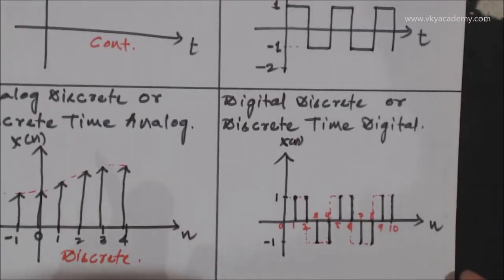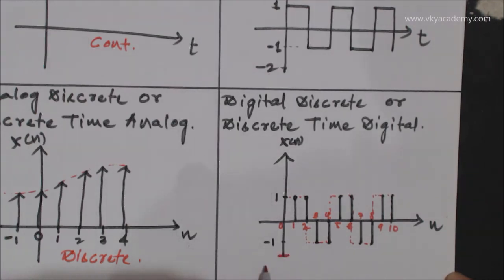But you can see here an example of digital discrete or discrete time digital signal. You can see the x-axis, which is n, and the y-axis, which is x of n. The x-axis is discretized. It has some discrete level of intervals, 0, 1, 2, 3, 4, 5, 6, and so on.